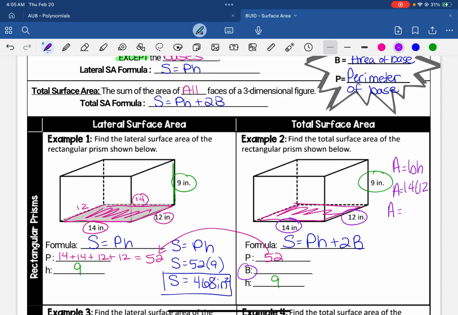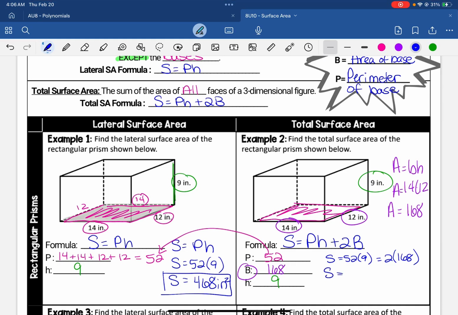So my area is equal to 168 inches squared for that base. Now, putting it all together, my formula says we are going to take the perimeter of the base, 52, times the height, which is 9, and then we're going to take 2 times 168 for my area of the bases.